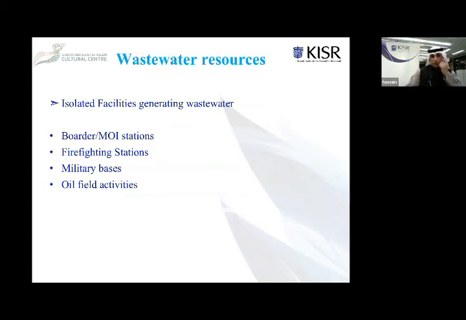The last facilities or places where we still generate wastewater are those isolated from the public and away from any nearest available network. For example, the borders and the Ministry of Interior stations don't have any network, and most of their wastewater is treated in a conventional method, not an advanced one.